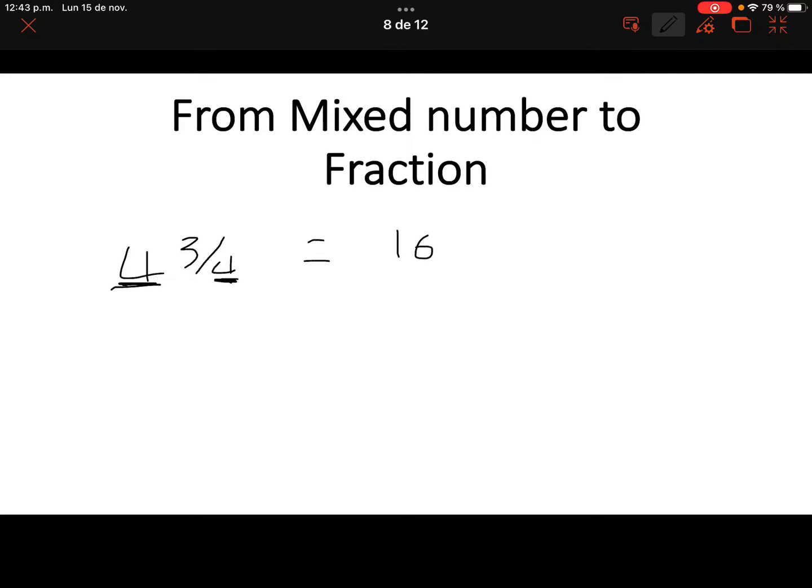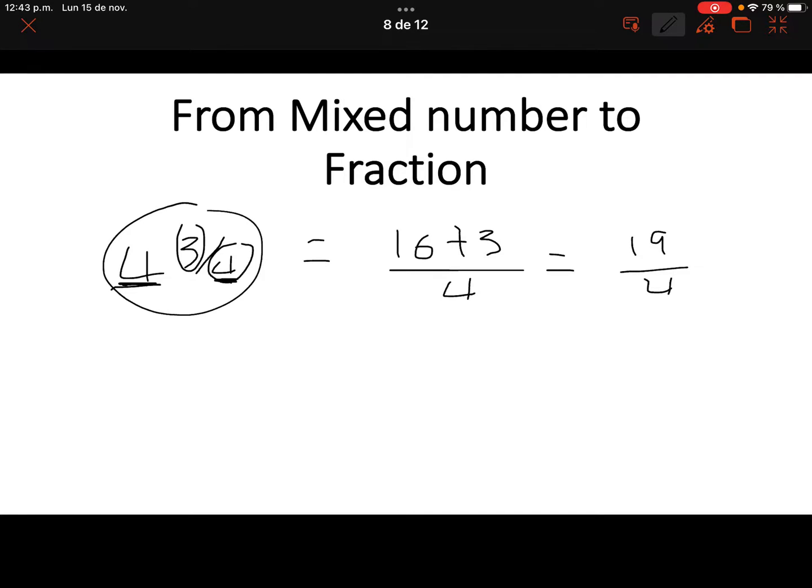And we have to add the number at the top of the fraction, 3 in this case, plus 3. And put it over the number at the bottom in the fraction part, in this case 4. 16 plus 3 is 19 and over 4. Then this is the mixed number, 4 and 3/4, and this is the fraction number.